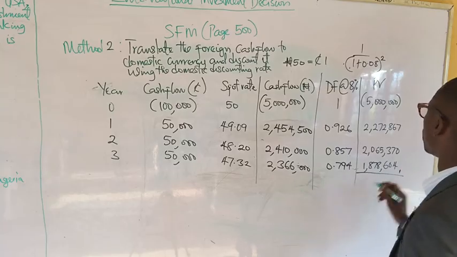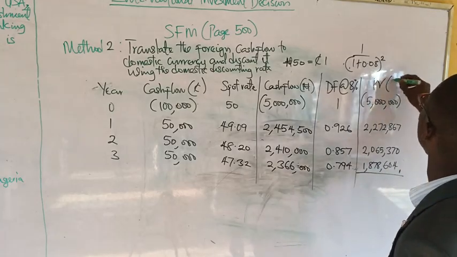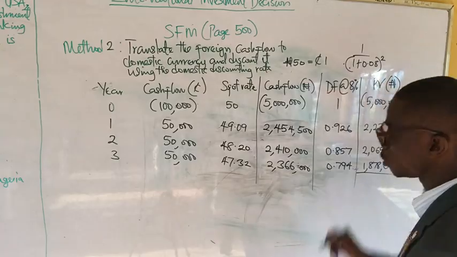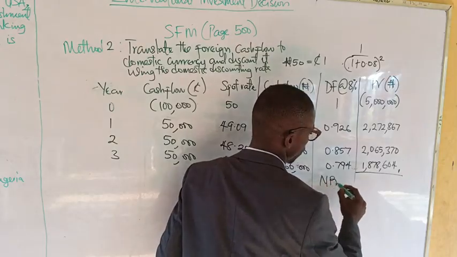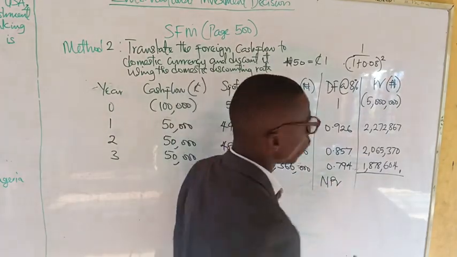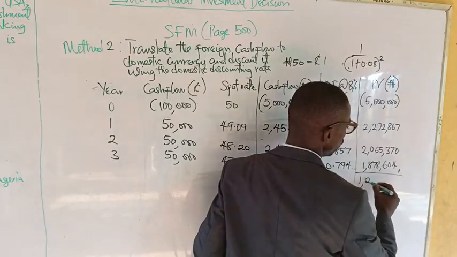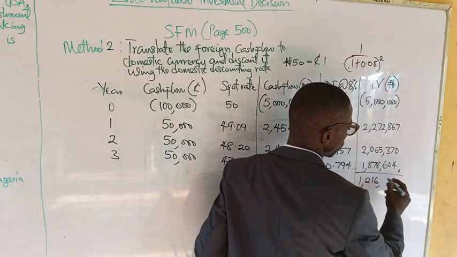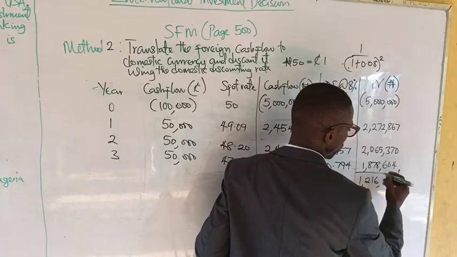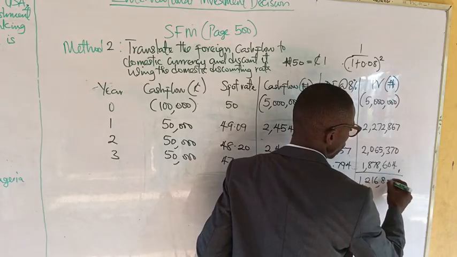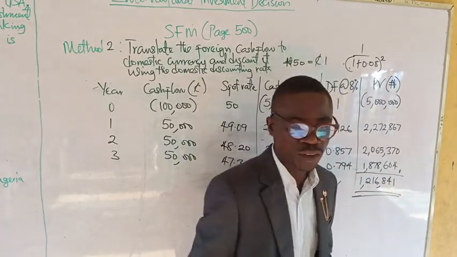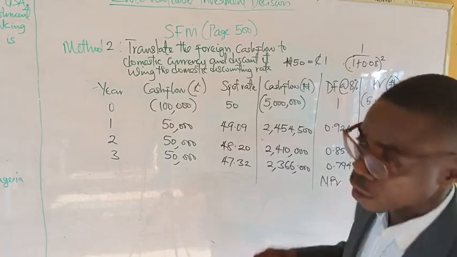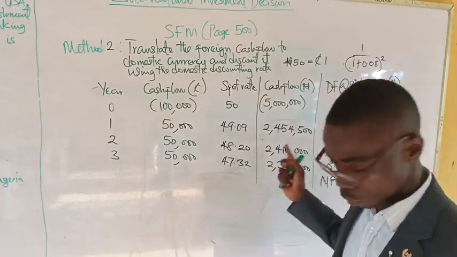So let's add it together now. Don't forget that the NPV you are calculating is in naira now: 1,216,841. This first method should be the same with the second method, but maybe because of approximation.